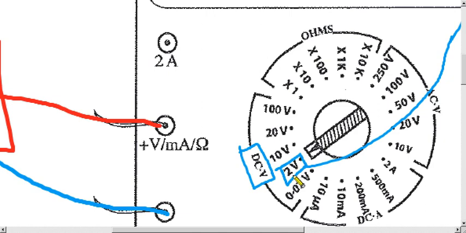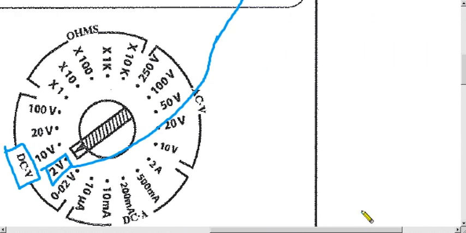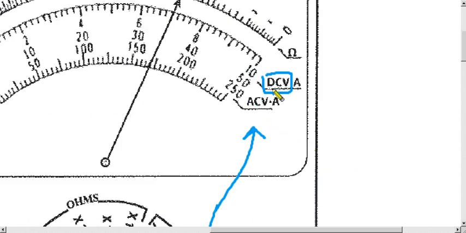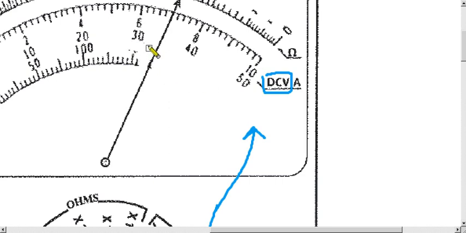Then this AC volt side we don't want, therefore I delete it. You don't have to focus your mind on that side or those values. So to understand easily I completely delete this. When you do it practically you have to forget that scale and use the scale that I am now going to show you.